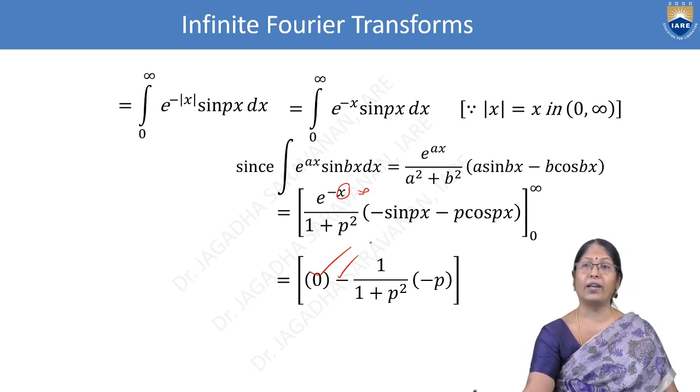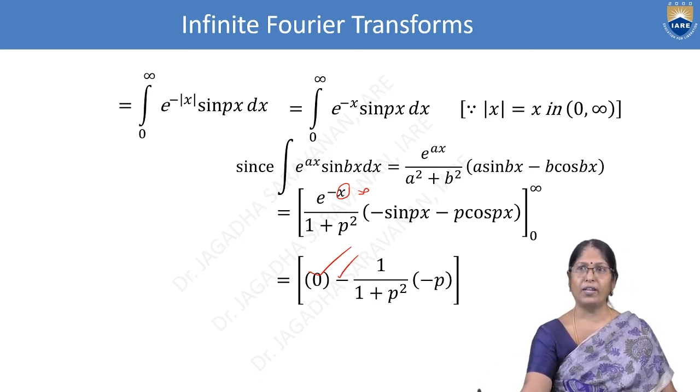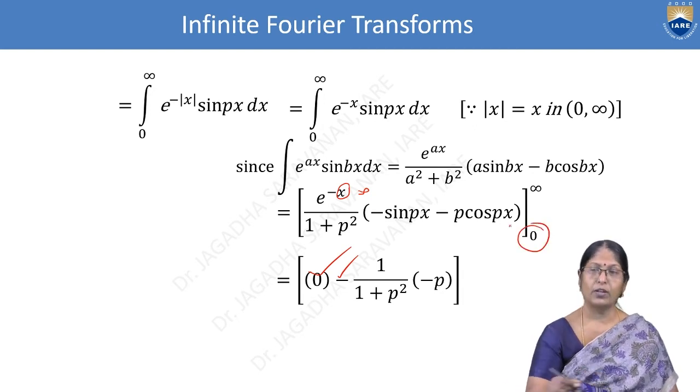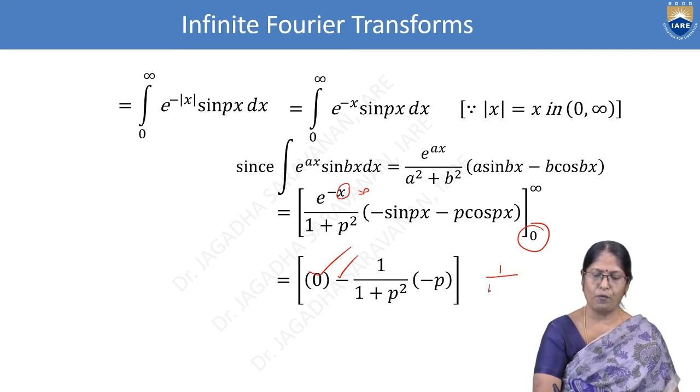The formula is upper limit minus lower limit. The lower limit is 0, so e power 0 is 1, giving 1 by 1 plus p square.